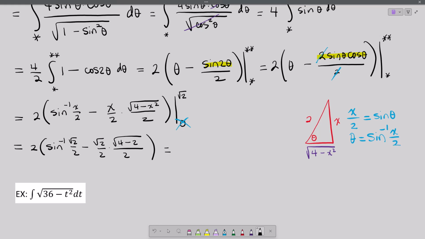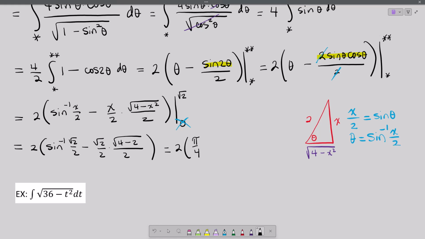All right, last step. Inverse sine of root 2 over 2. Angle on the right with a sine value of root 2 over 2 is pi over 4. Pi over 4, root 2 over 2, comma, root 2 over 2. So that's going to be 2 times pi fourths.